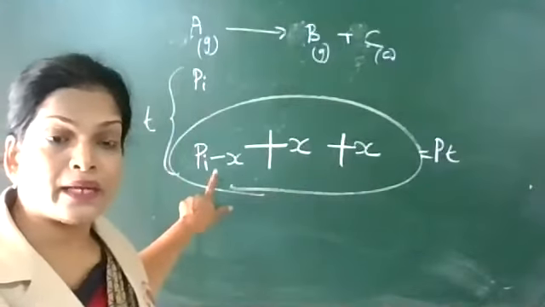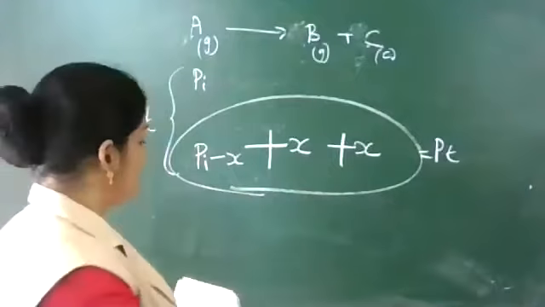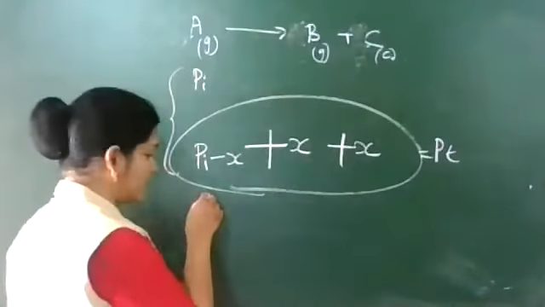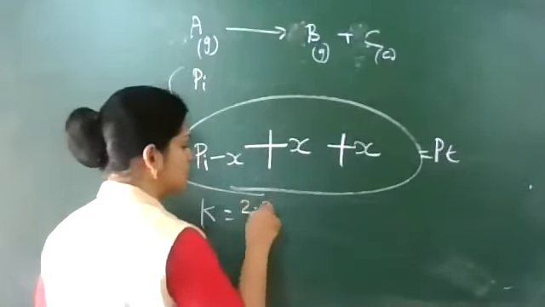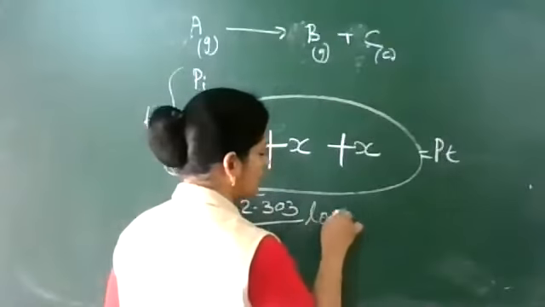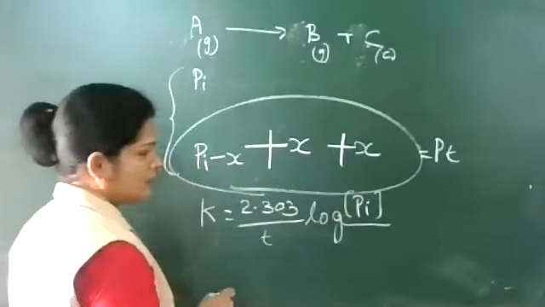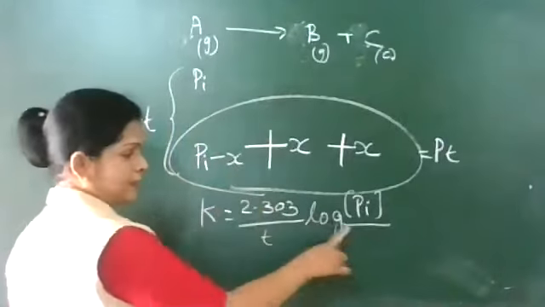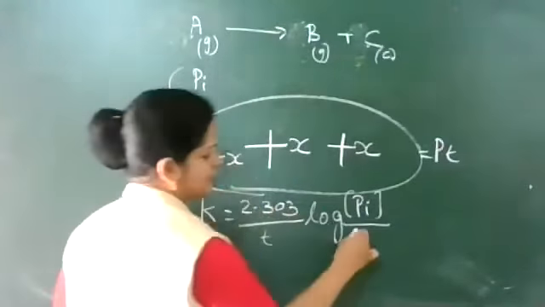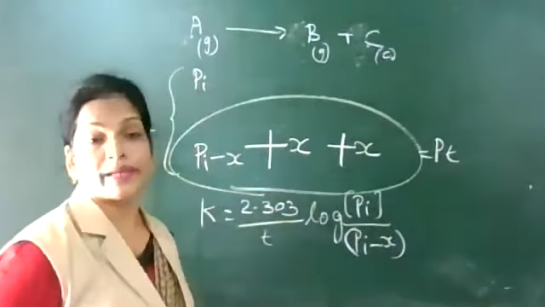Remaining A, that is Pi minus X. Write that equation again: K is equal to 2.303 upon t log Pi upon Pi minus X. P means Pi minus X.